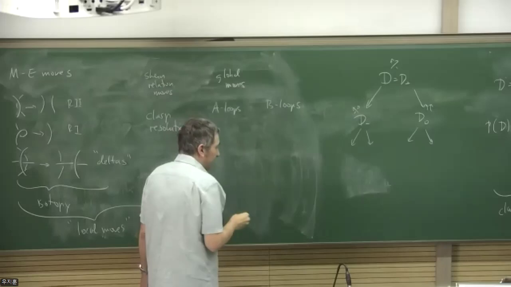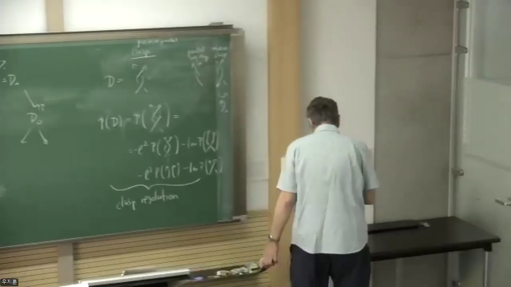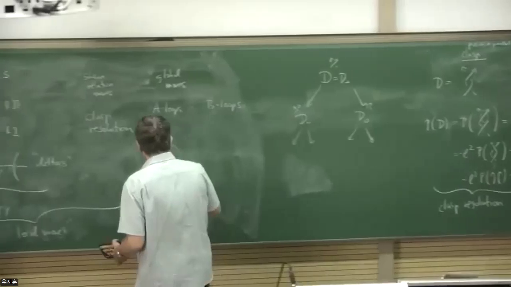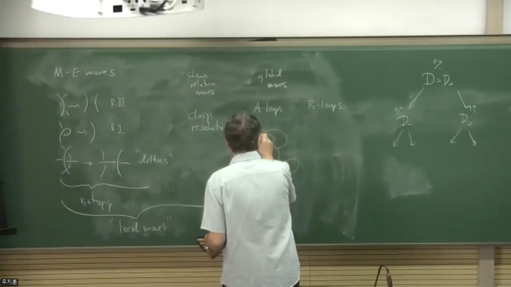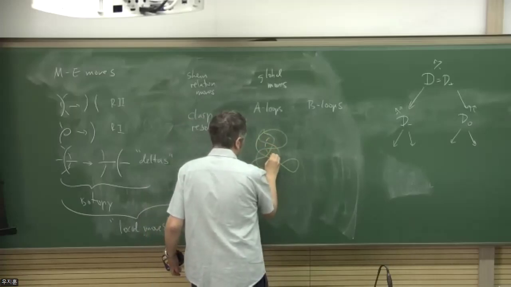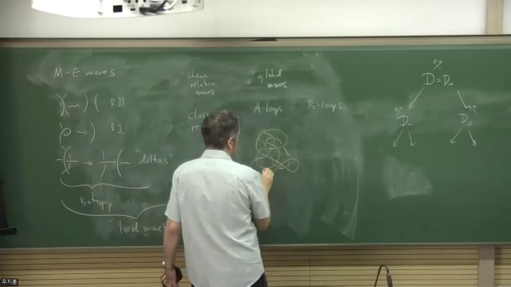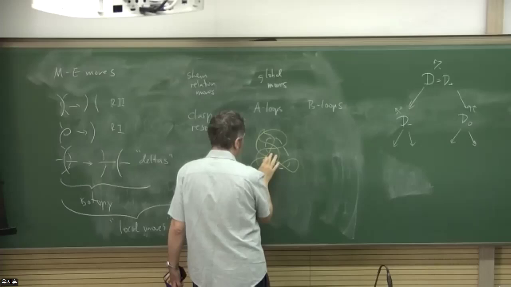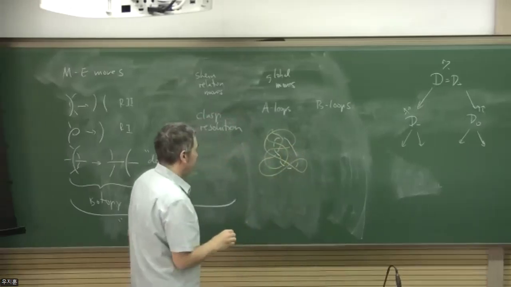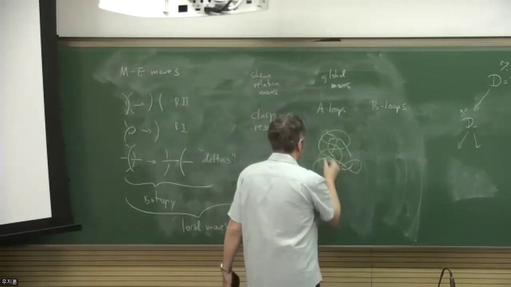And A loops are crossingless circles, which are somewhere in the middle of the diagram. So you have some diagram here to start from, and in the middle of this diagram you have, let's say, something that looks like this. And of course the crossing may go above or whatever. So a crossingless circle.